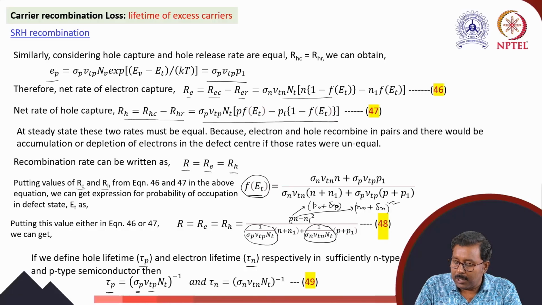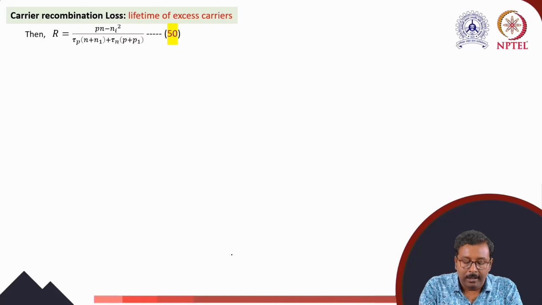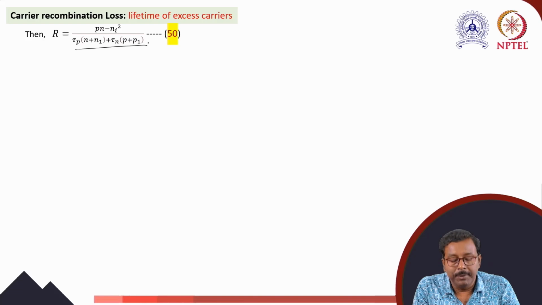If you put these values and take the product, some p0 n0 term will come. p0 n0 will be nothing but ni square, that will cancel out with this ni square term. The other term, delta p delta n product, will be very small, you can neglect. So you can reach a simplified expression. Ultimately, by putting the expressions of tau p and tau n, the recombination rate in an indirect semiconductor following SRH is given by this equation. This is equation number 50.